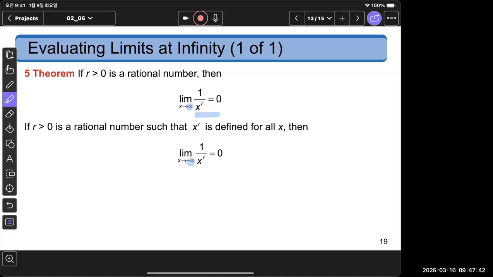As long as x to the r is defined for all real numbers x, then the limit of 1 over x to the r as x approaches negative infinity will be 0 by the same reasoning, because the numerator is a fixed constant while the denominator is increasing without bound in magnitude.